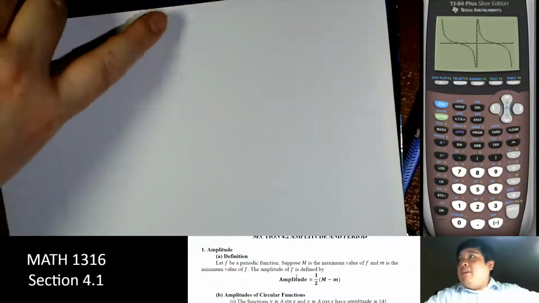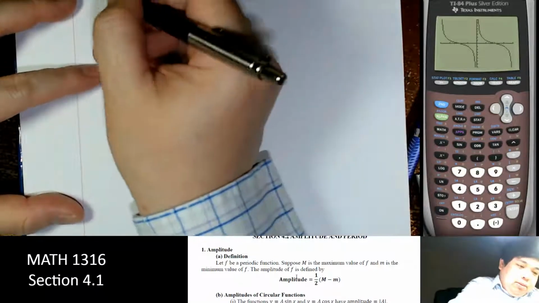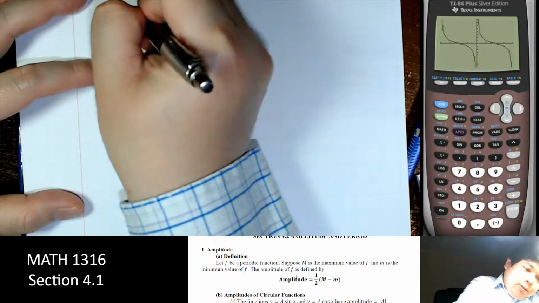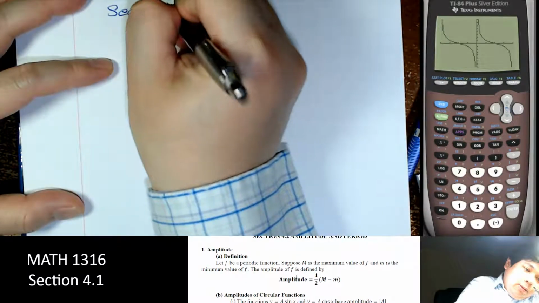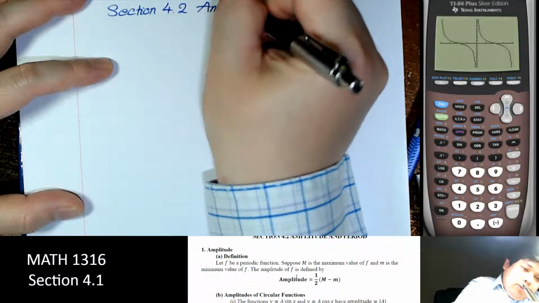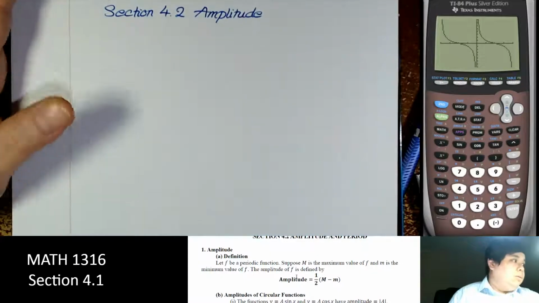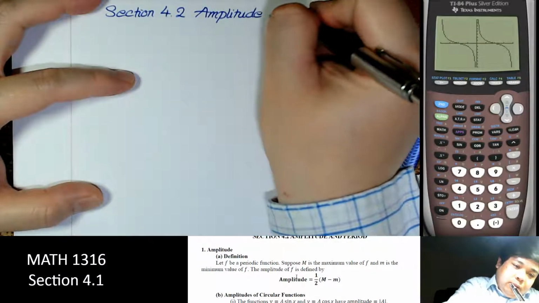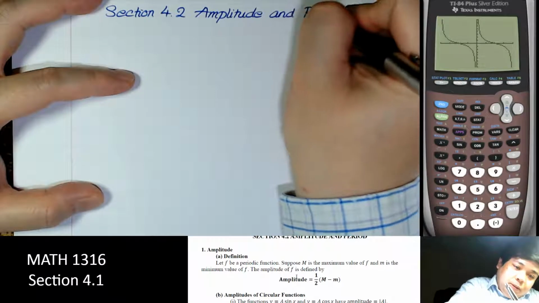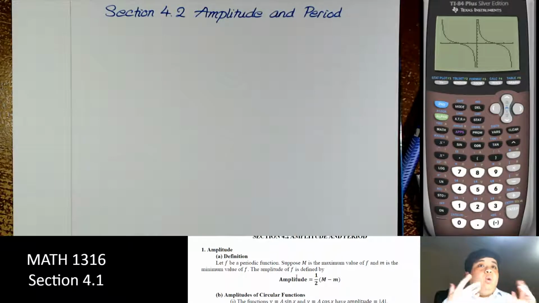Now, amplitude and period. So this is section 4.2. Remember, we have to know what the period is first, so we can divide that into 4 equal segments, and then after that we can graph.